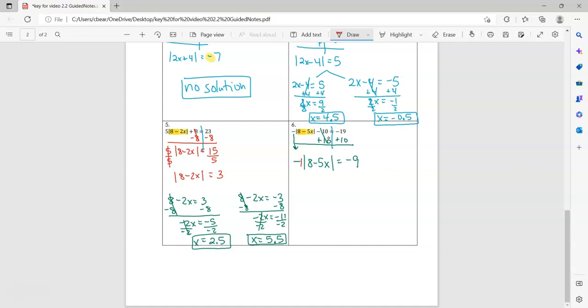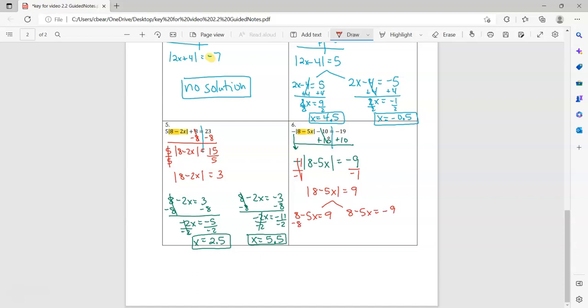Now, absolute value is not by itself yet, so please don't look at this and say, oh, that equals a negative, I'm done. We have to divide by that negative 1. And when we divide by that negative 1, you will then see that this equation can be solved. So now we're going to write our two equations. So we have 8 minus 5x equals positive 9, and 8 minus 5x equals negative 9.